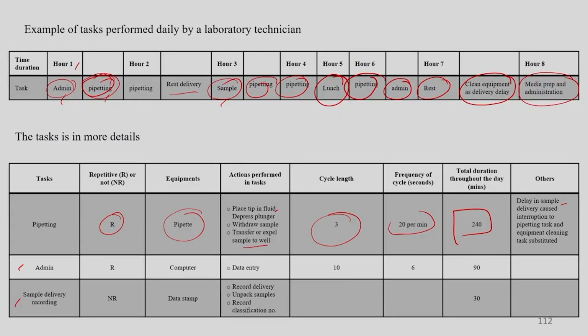You are not going to select the admin job, you are not going to select the sample collection job, you are going to select only the pipetting job, because that is going to take a lot of time and it is having repetition, it is having small tasks involved in it, right? So you have selected one particular task.